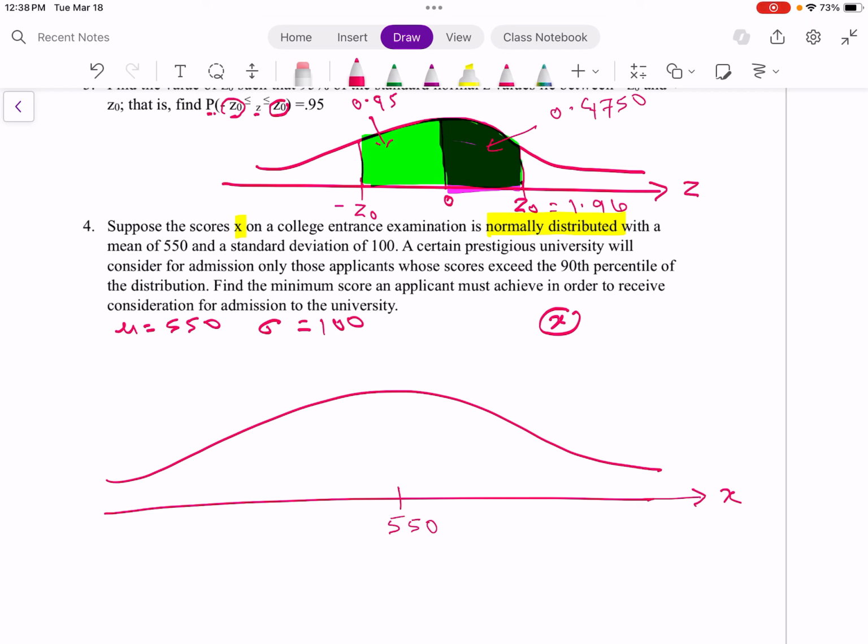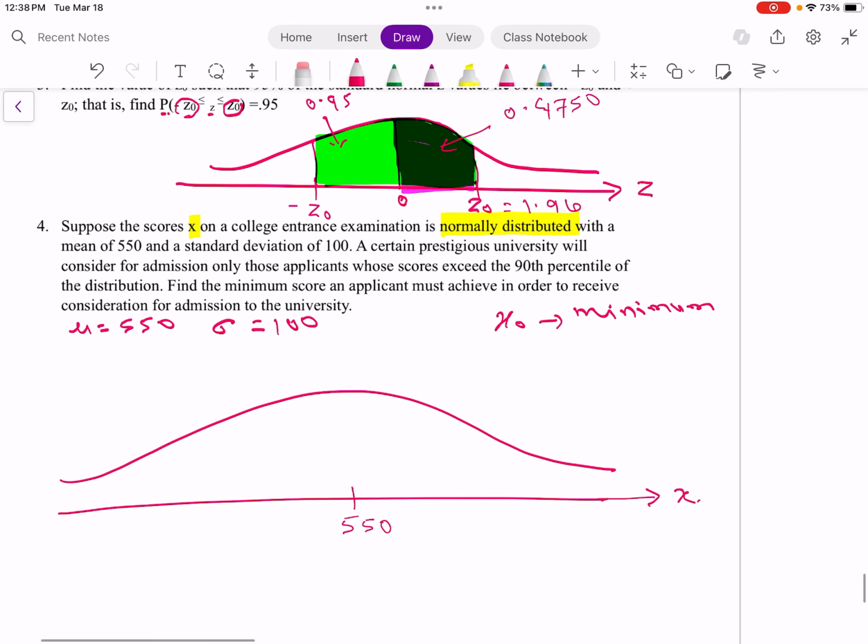We are looking for the minimum score for the admission. Let's consider our X is the minimum score. We already have X here, so let me call it X naught, so that you won't confuse it with X. So let's call X naught the minimum score that you need to get admission.